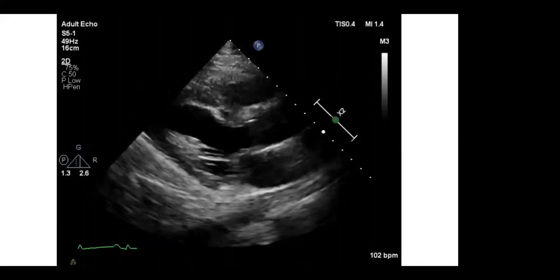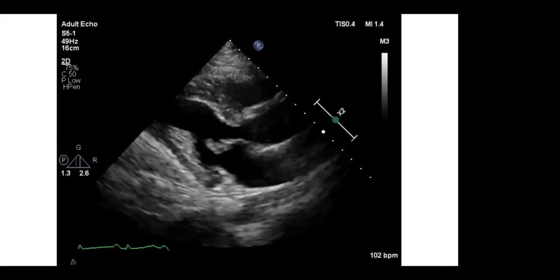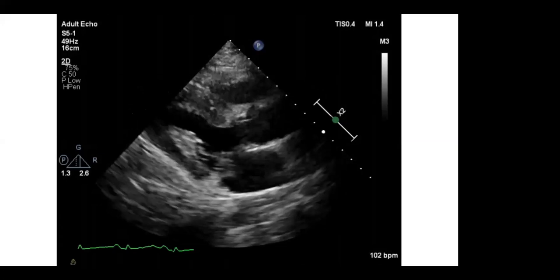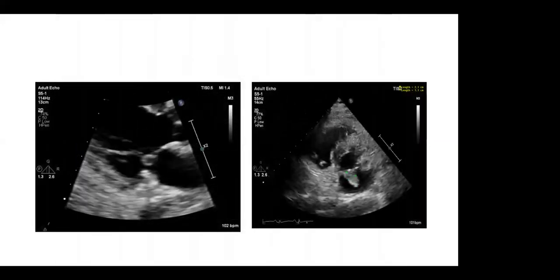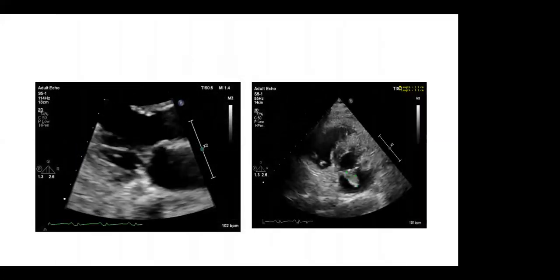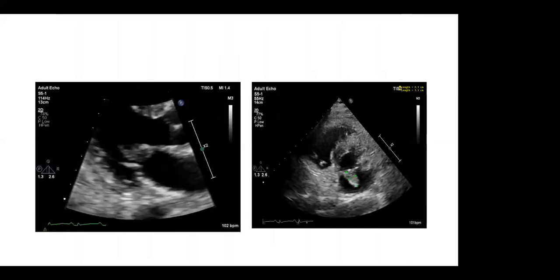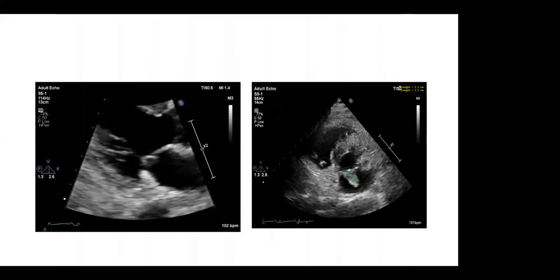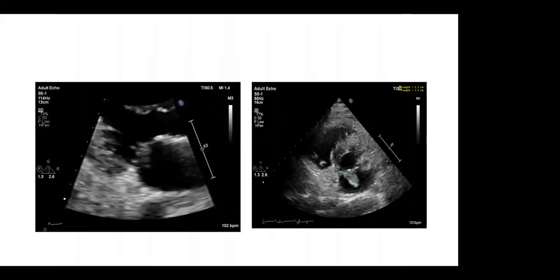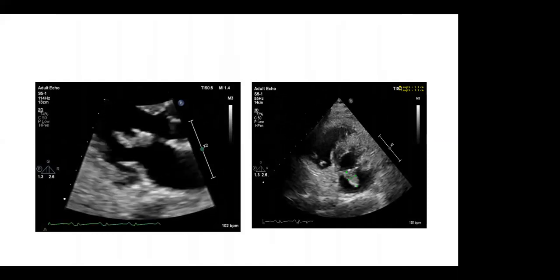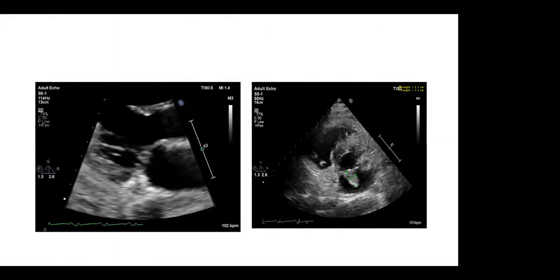There is a vegetation on the anterior mitral valve leaflet, which is oscillating. The size of that vegetation is nearly 2 centimeters. And this echo was done maybe 4 weeks after the initial diagnosis.